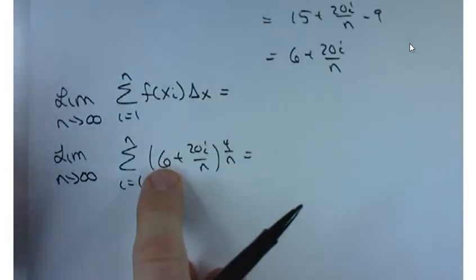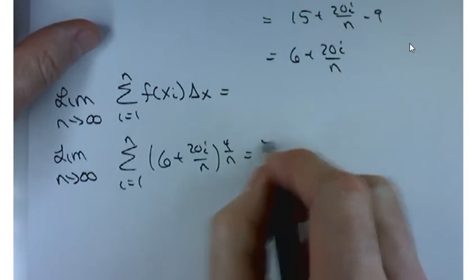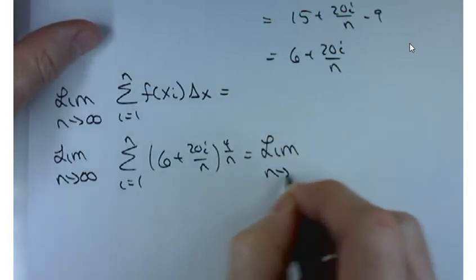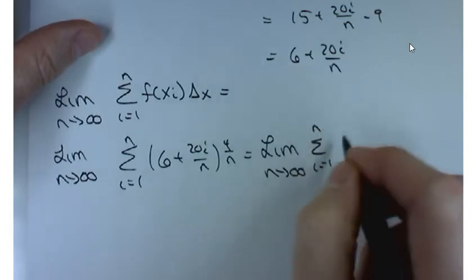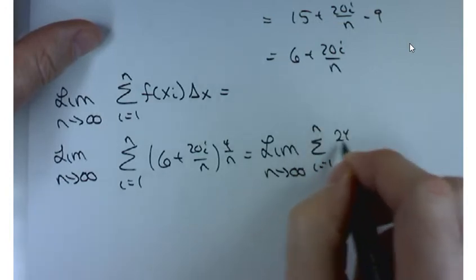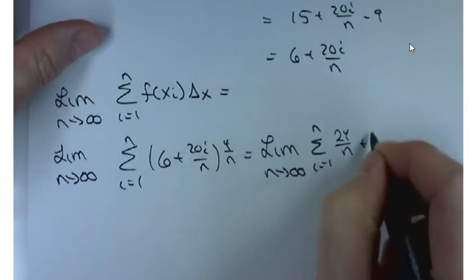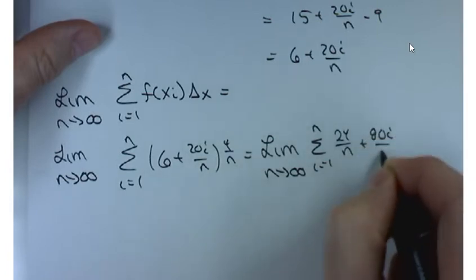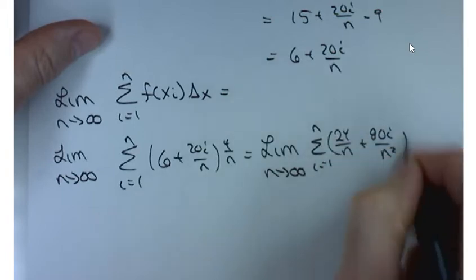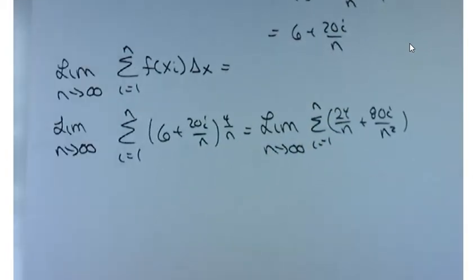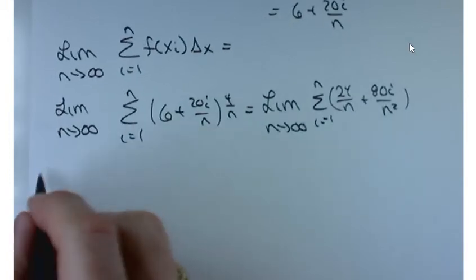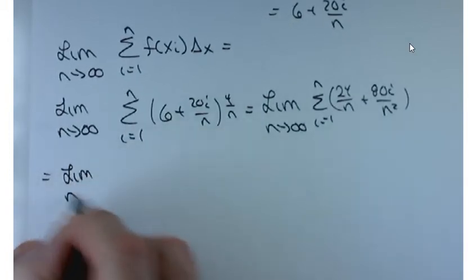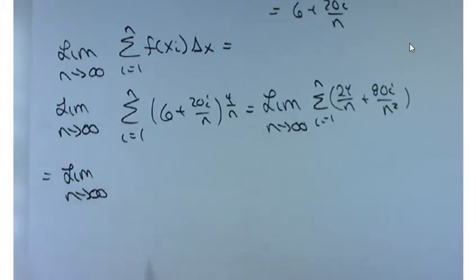Let's distribute this. It's going to be the limit as n approaches infinity of the sum from i equals 1 to n of 24 over n plus 80i over n squared. I'm going to split this up kind of like I did with the last one.